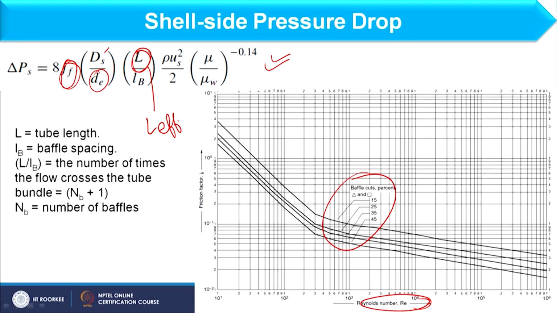That will create friction in the tube side, which we have already considered while taking the complete length of the tube in delta PT calculation, right. But here, whatever is inside the tube sheet will not participate in any friction or pressure drop.